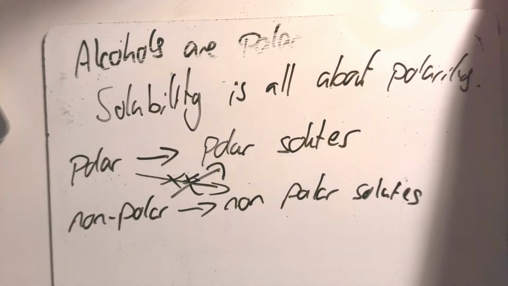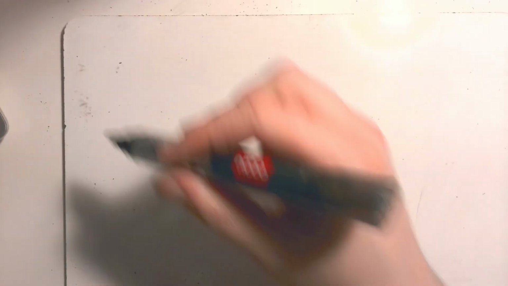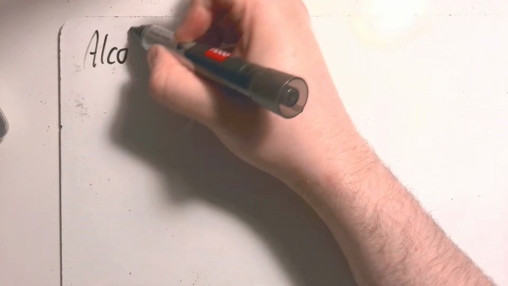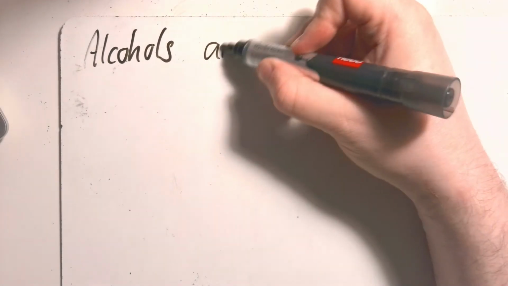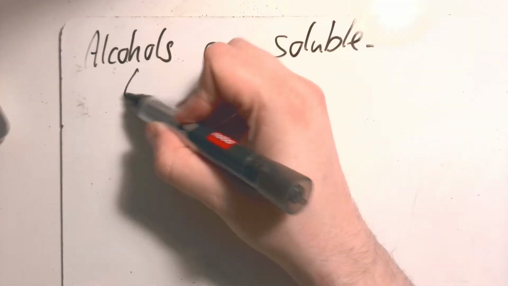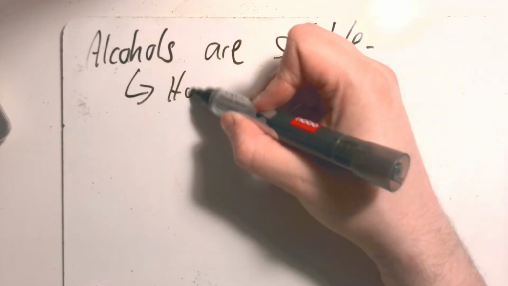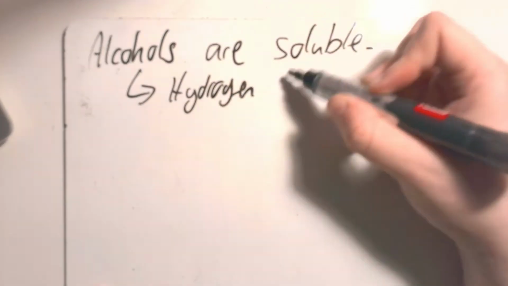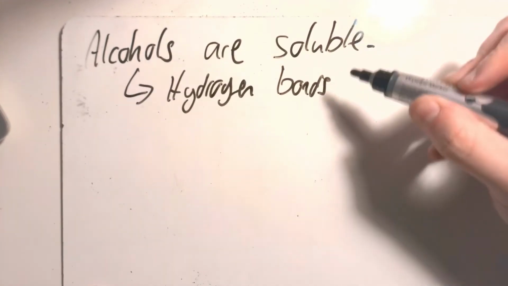When we talk about solubility, we're generally talking about the solubility into water, because water is one of the most populous molecules on Earth, and we call it our universal solvent. So alcohols are soluble, and it's all due to those hydrogen bonds we discussed earlier.